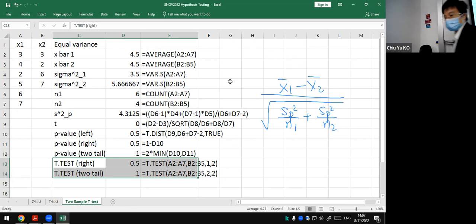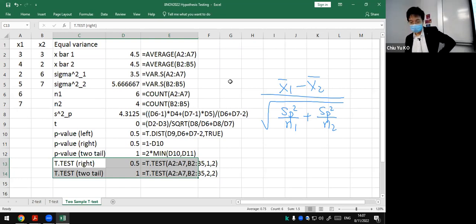So here, you can see how you do the 2 sample T-test, right? This is equal variance. And the unequal variance is the same thing, right? Except things become much more complicated, okay?